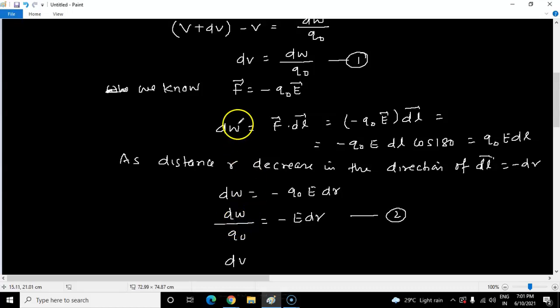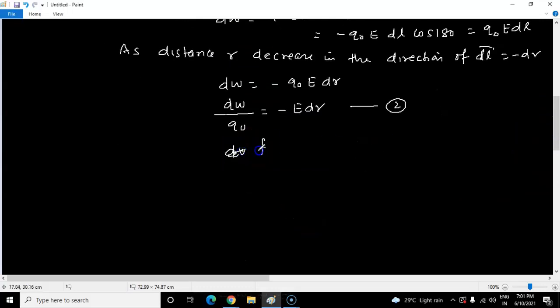So dV is equal to minus E dr. From equation 1 and 2, we can write dV is equal to minus E into dr. So E is equal to minus dV by dr.